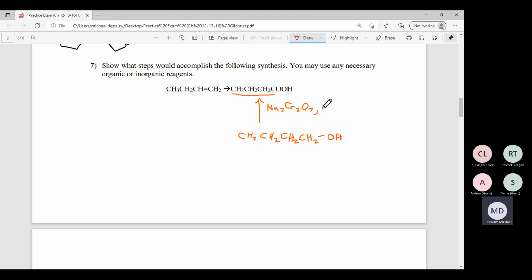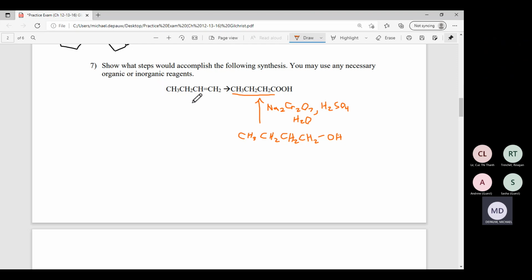So commonly you'll see sodium dichromate with H2SO4, and in addition you'll also see water. So water, sodium dichromate, and H2SO4 will produce chromic acid. You might also see CrO3 with H2SO4 and water, and that will also get you chromic acid. Or sometimes they get lazy and they'll just write chromic acid, H2CrO4. But effectively, that will give you the conversion from this alcohol to this carboxylic acid.